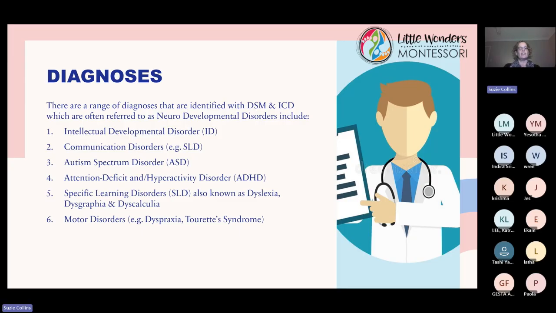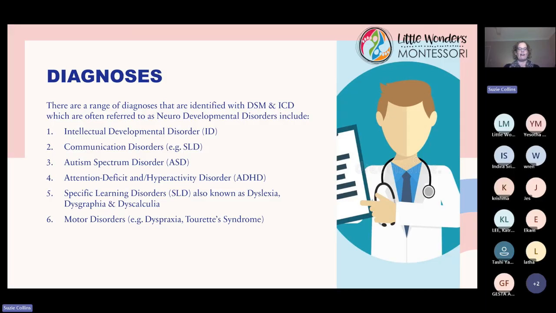We also have autism spectrum disorder, also known as ASD. We also have attention deficit hyperactivity disorder, ADHD, that we're going to talk about today. We also have specific learning disorders, and there are 3 different types of those, which we'll talk about shortly. One of them is dyslexia, that I'm sure you're all familiar with.